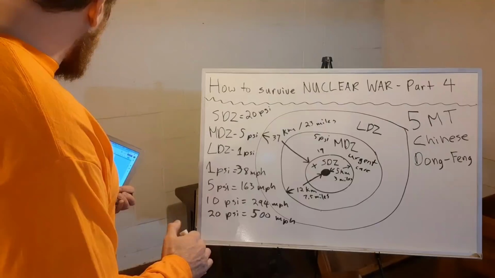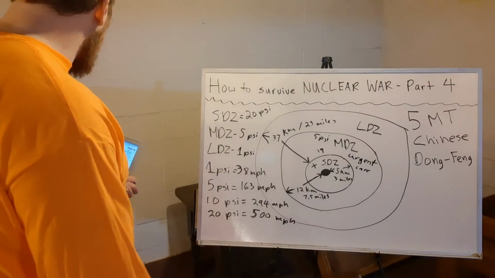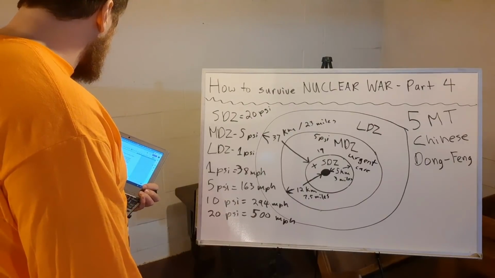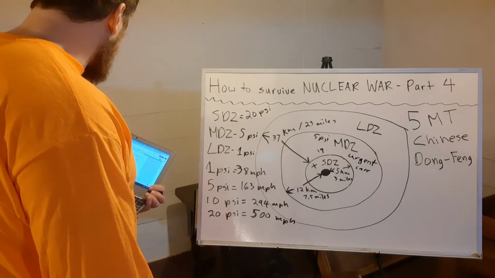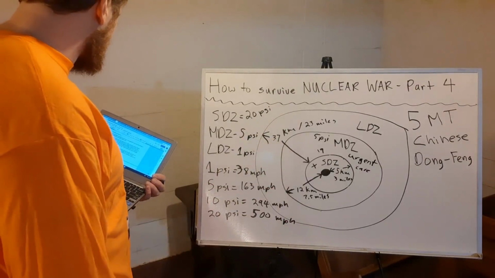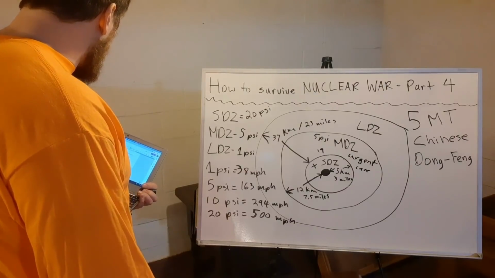A number of hazards should be expected in the MDZ, including elevated radiation levels, downed power lines, ruptured gas lines, unstable structures, sharp metal objects, broken glass, toxic dust from collapsed buildings, think 9/11, ruptured fuel tanks, and other hazards.